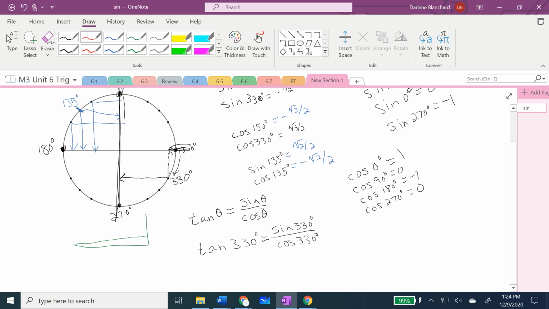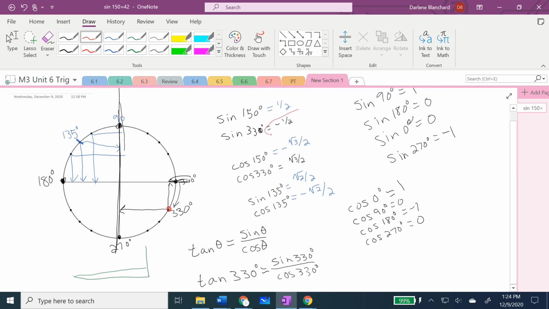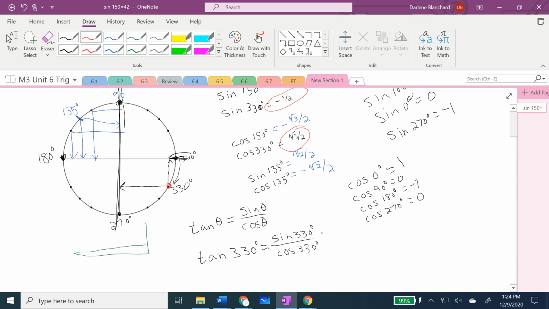And we found that already. If I look at the fraction negative 1/2 divided by root 3 over 2, the over 2's cancel each other out, and I get negative 1 over root 3, which I'm perfectly happy if you leave root 3 in the denominator.